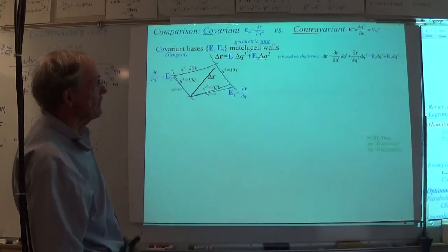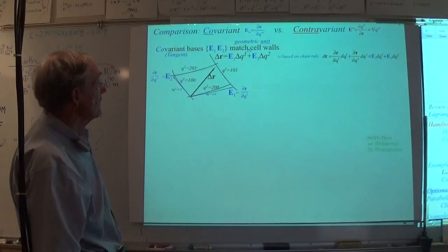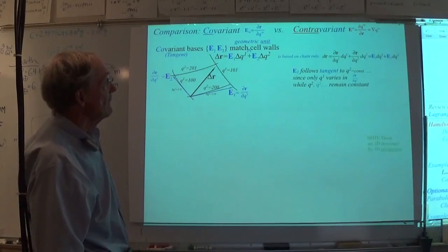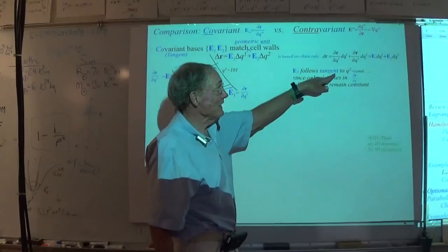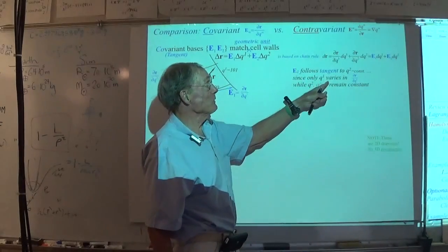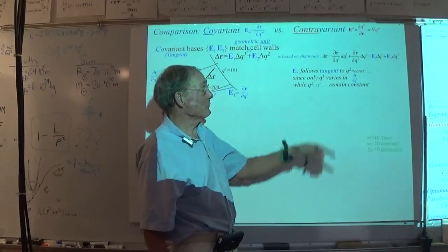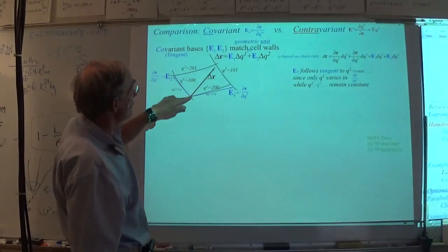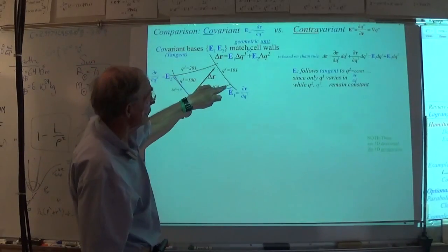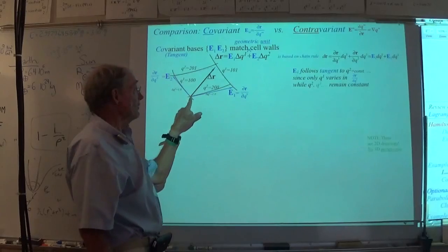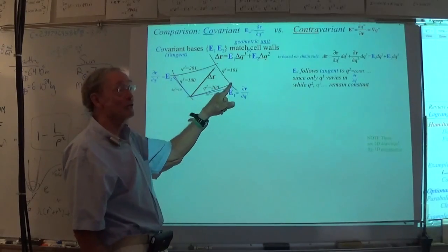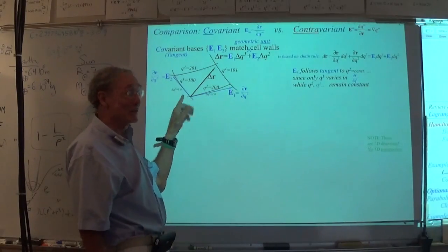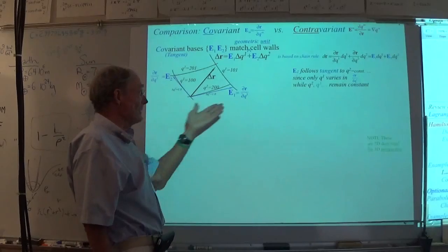As I say, they match the unit cells. Okay, so that's something that really makes sense here. The E1 follows the tangent, right? As Q1 varies, that's where it's going to go. And that means this thing goes along making Q1 bigger, but it always tries to stick to Q2 equal constant, because that's what the partial derivative means.